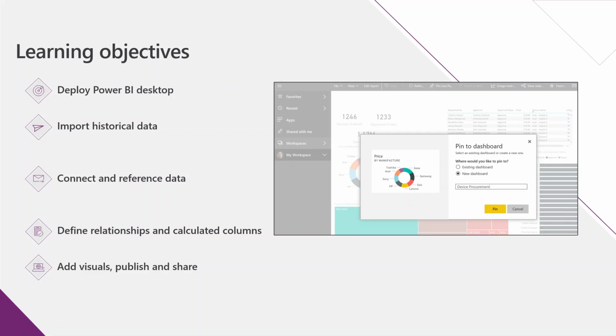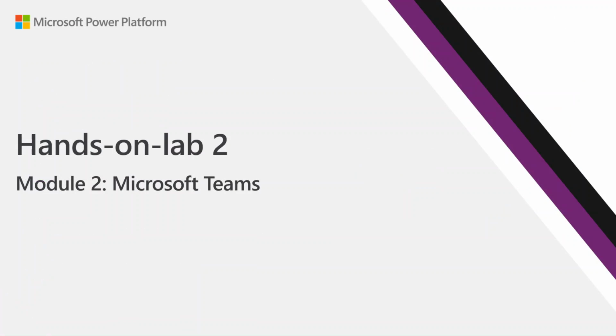We're going to import historical data from Excel. We're going to connect and reference data inside the Dataverse. And then we're going to define relationships and calculated columns within that data. We're going to add loads of visuals, create dashboards, publish those and show you how to share them. That will be a really good baseline introduction to Power BI.